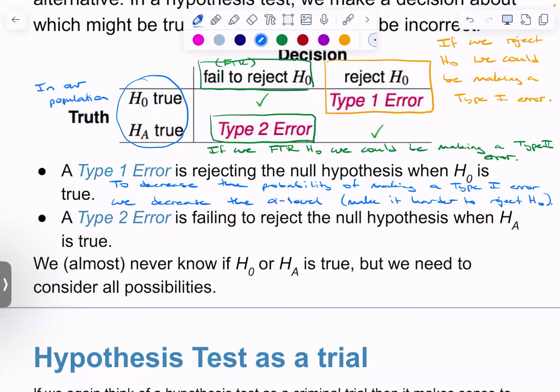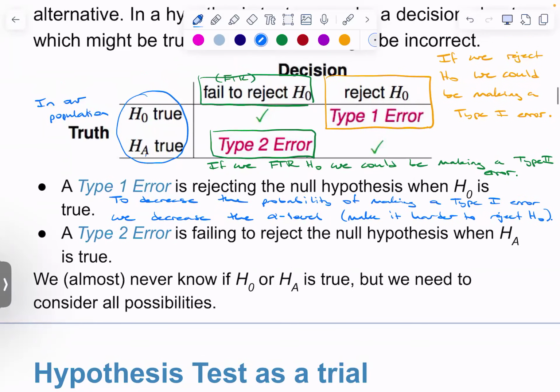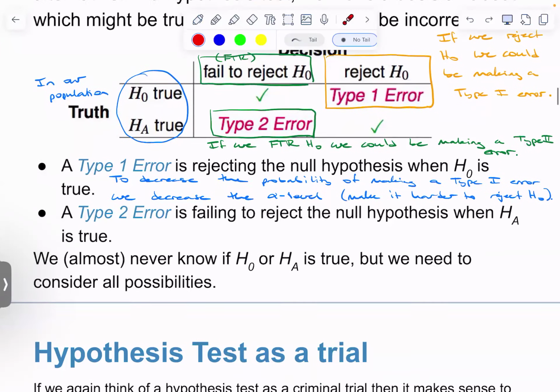Whereas the type 2 error rate, there's not a lot that we can do to decrease the probability of making a type 2 error, right? Type 2 error is when the alternative hypothesis is true, but I failed to reject H naught. Usually the problem is that I just don't have a big enough sample, right? And so then we need to increase our sample size.